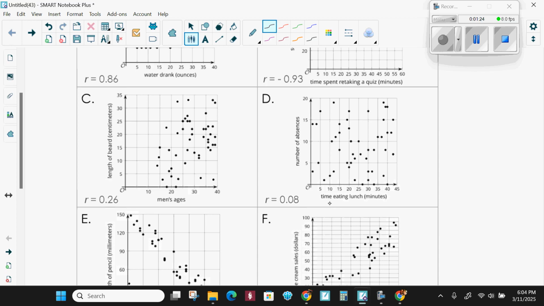Okay, and then here, time eating lunch to number of, oh, I can't read this, it's so small, number of absences. Okay, so they're talking about how long it takes you to eat lunch to what your absence is. Well, there is no correlation whatsoever there, so a linear correlation would not work here. So both of these are more nonlinear.